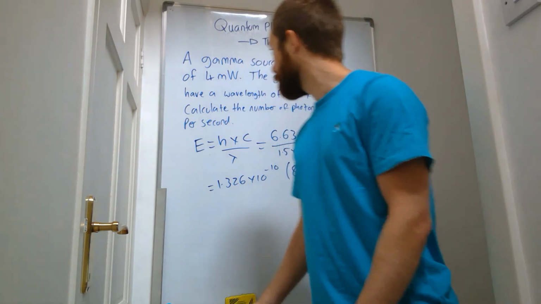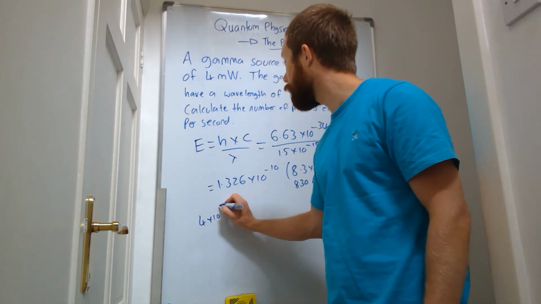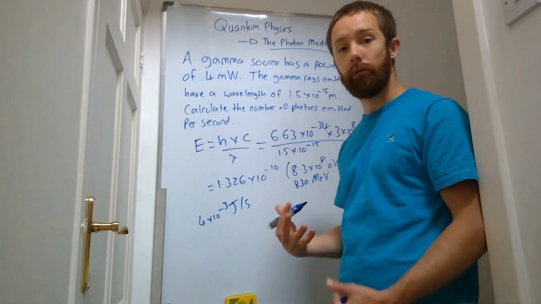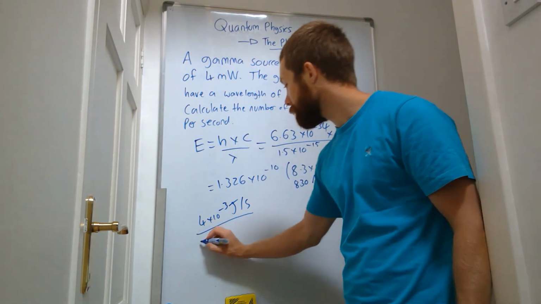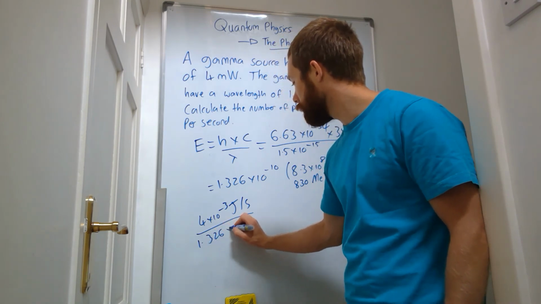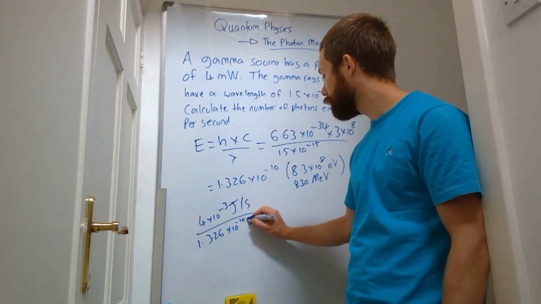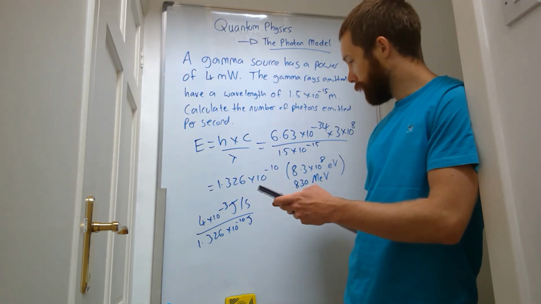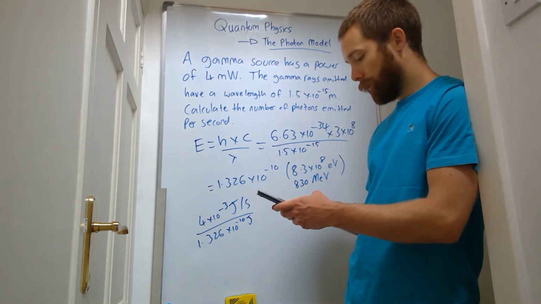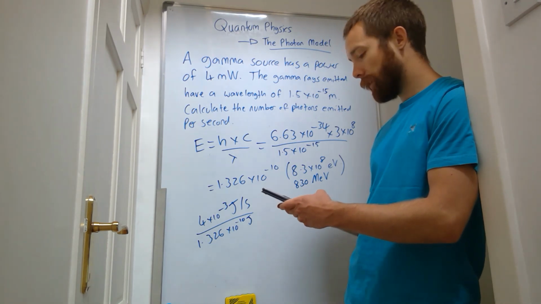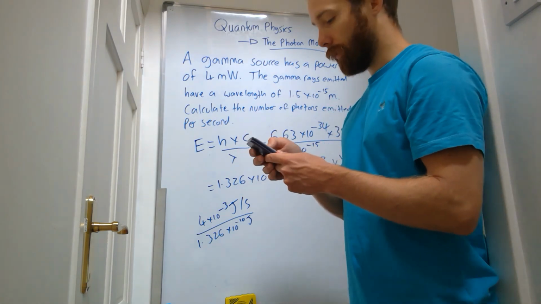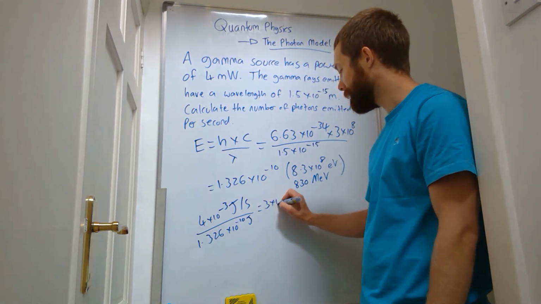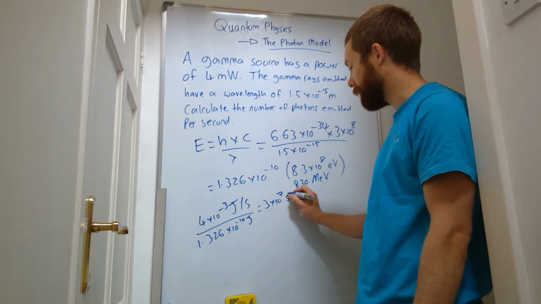We've got 4 times 10 to the minus 3 joules per second, 4 times 10 to the minus 3 watts, and if we divide that by our 1.326 times 10 to the minus 10 joules, we get about 3 times 10 to the 7, and our units here would be seconds to the minus 1.